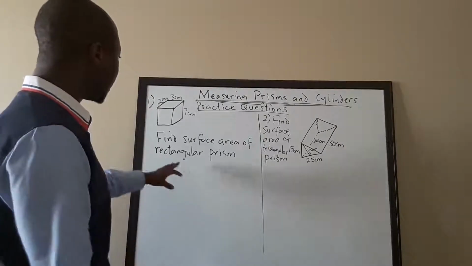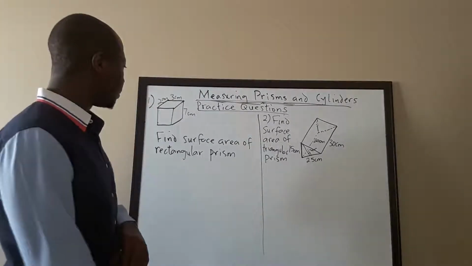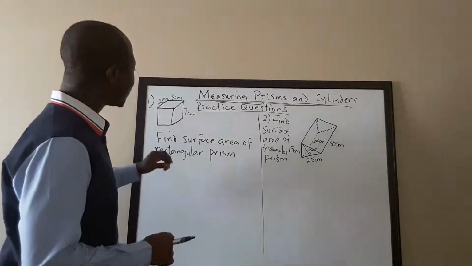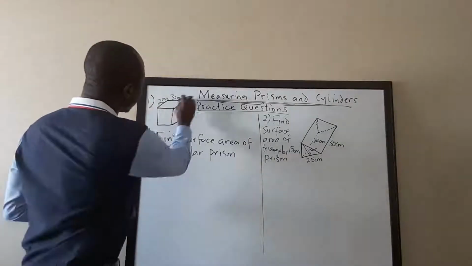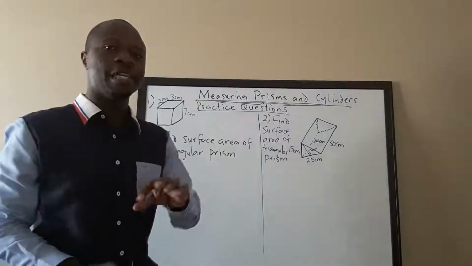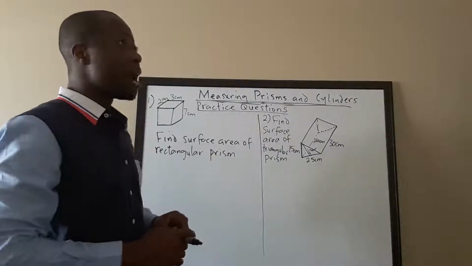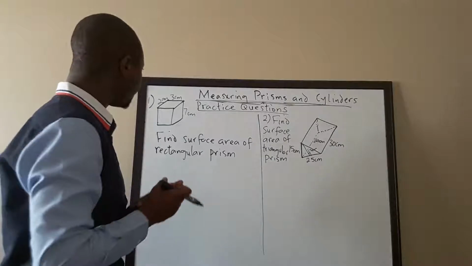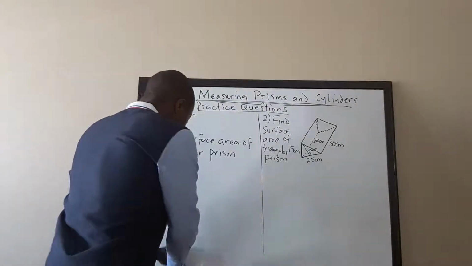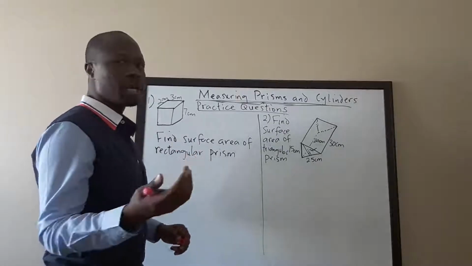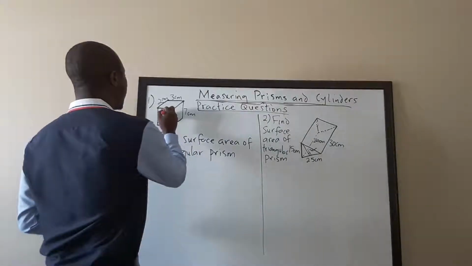So find the surface area of this rectangular prism. We know it's a rectangular prism because it is made up of rectangles all through. These are 6 different shapes, so we're going to figure out the area of all 6 and then add them together. Each side is duplicated.